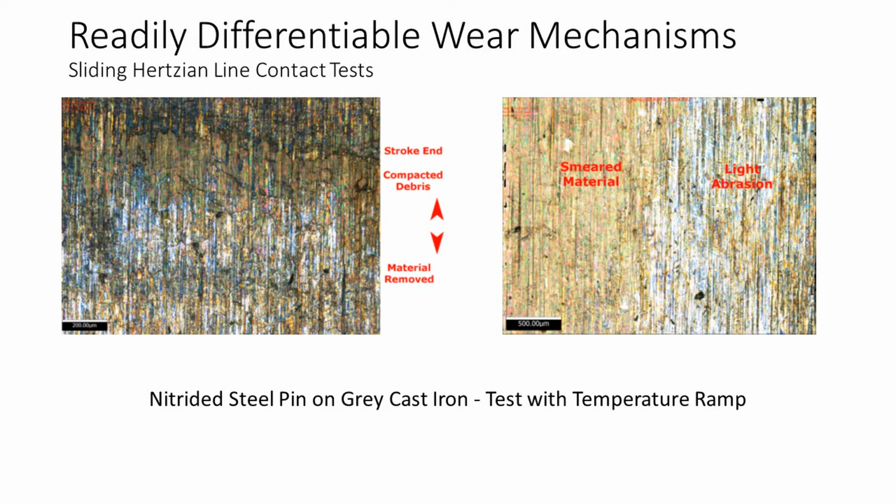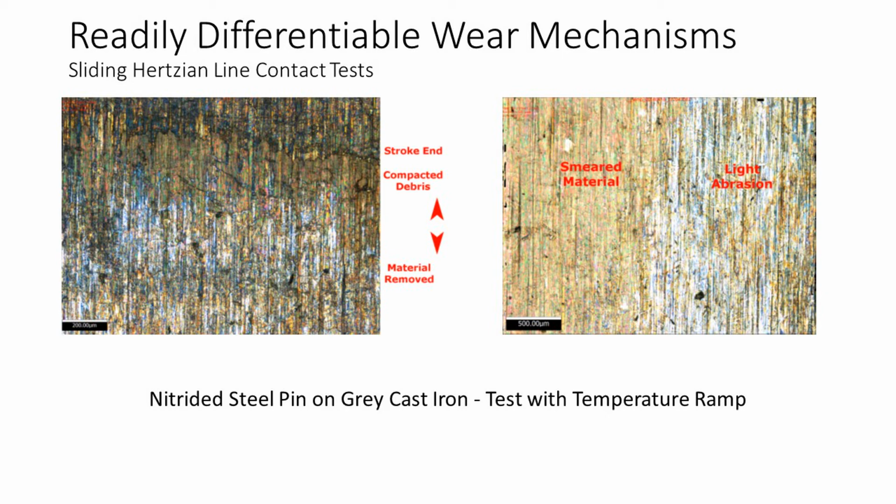Examination of the temperature ramp plate specimen shows accumulation of compacted fine debris at the stroke end, with debris filling the grinding marks. Away from the stroke end, shiny areas indicate material removal.